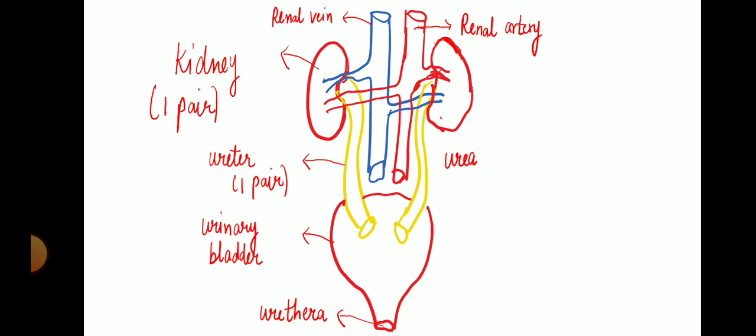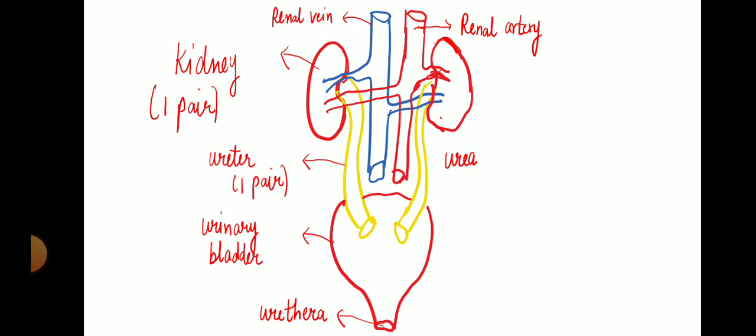This is the whole diagrammatic representation where I have shown you the renal artery, which supplies oxygenated blood from the heart to the kidneys, and now the kidneys have to remove nitrogenous waste from the blood. Then the renal vein is the blood vessel which collects blood from the kidneys and supplies it to the heart.